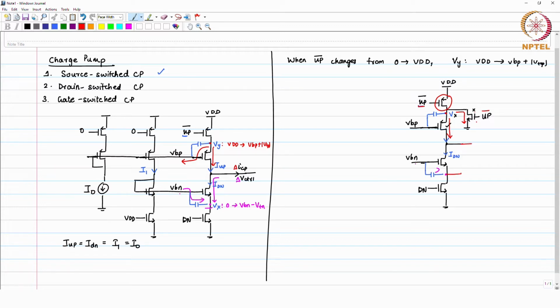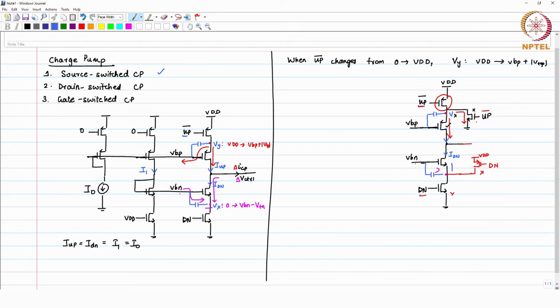Similarly, on the Vy node, we can add a PMOS transistor like this, it is connected to VDD, and this is working with down. So, when down is 1, at that particular time PMOS is off and you have a current path like this.